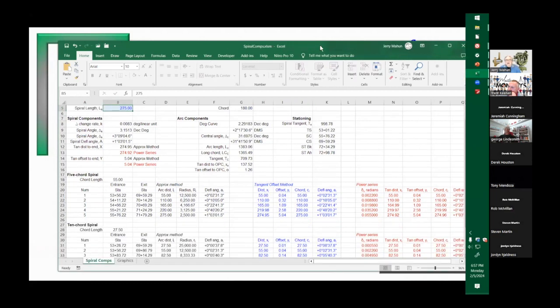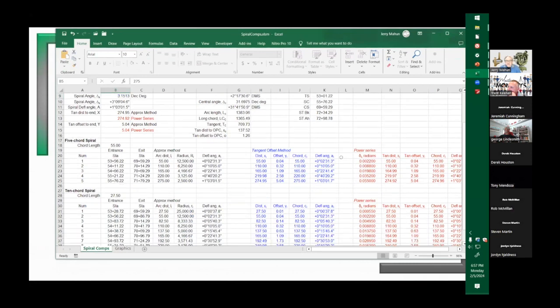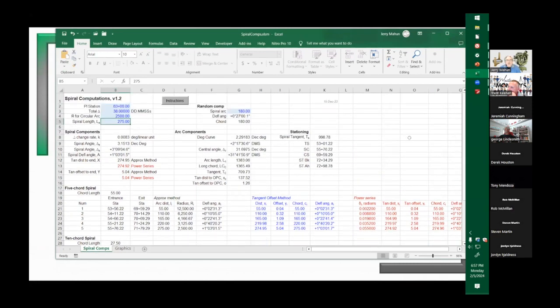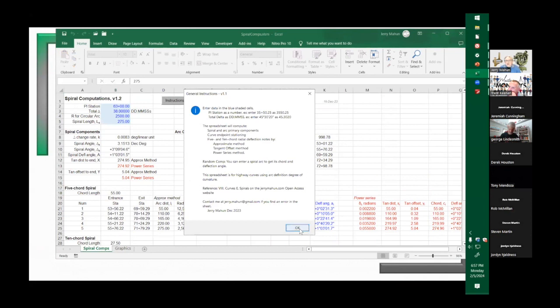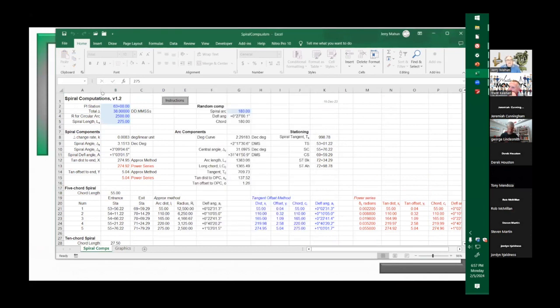It's kind of hard to see all in one because I tried to cram as much of it onto one sheet as possible. There's a little instructions section that tells you what to put in. You input your PI station, your total deflection angle, the radius for your circular arc, and your spiral length. The entrance and exit spirals are going to be the same.